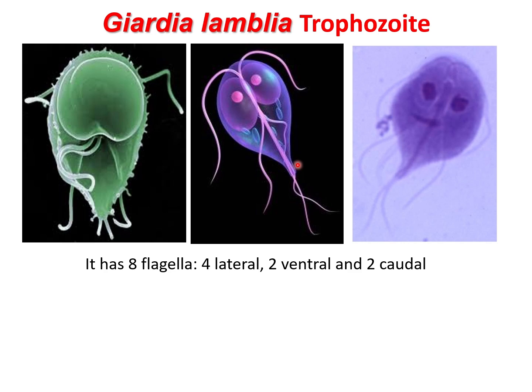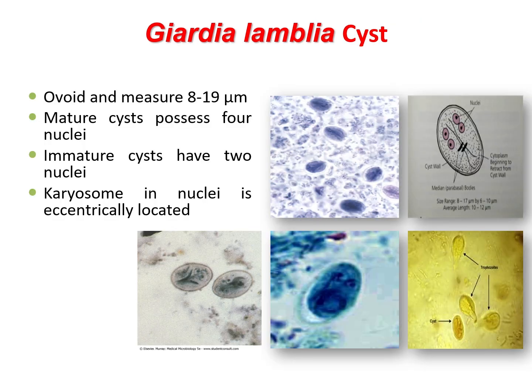Here you can see the two prominent nuclei and the axostyle that divides the parasite symmetrically into two parts. And this is what we usually see in stained preparations. As you can see, it's a pyriform smiley face having two nuclei, an axostyle, the mouth, which is the median body, and more importantly, it has 8 flagella. These 8 flagella are divided into.